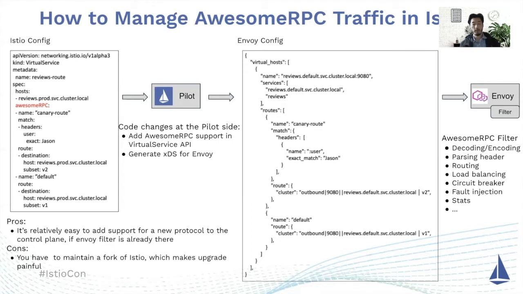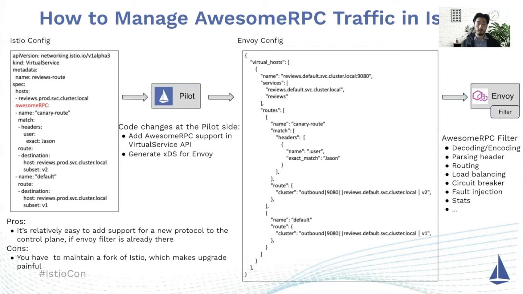Then we need to put a gRPC TCP filter in the filter chain of the listener and generate the gRPC related configuration in the Pilot code for Envoy. Then Pilot will send the generated Envoy configuration to all the Envoy sidecars in the data plane. So that's it.